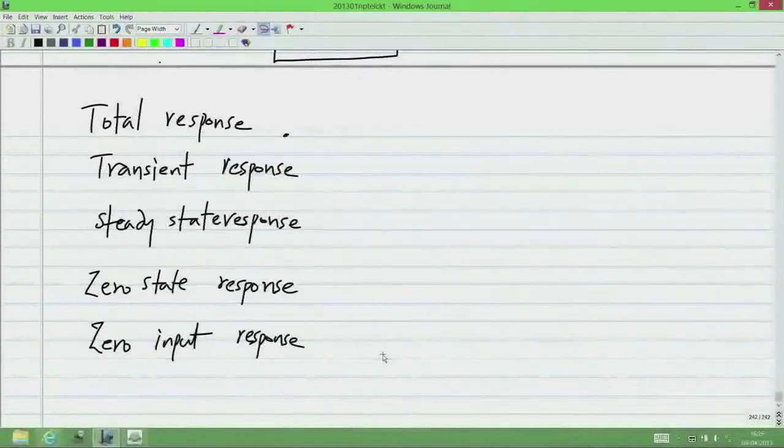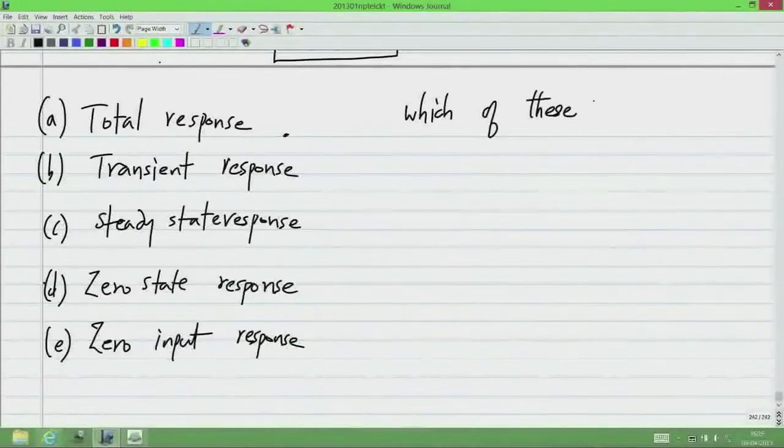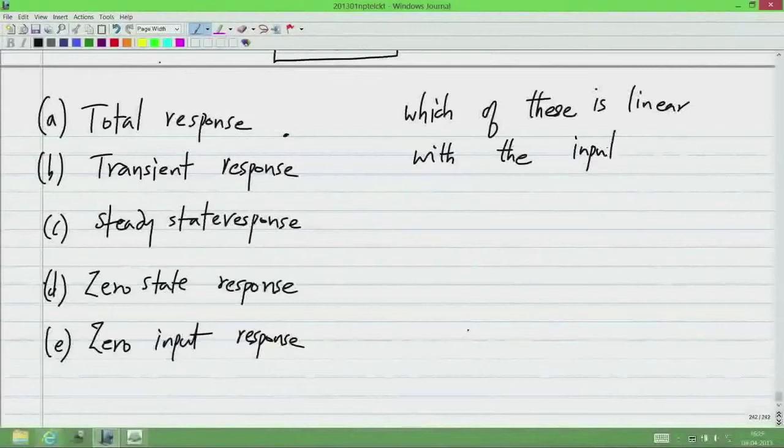So let me put down these things. Which of these is linear with the input?